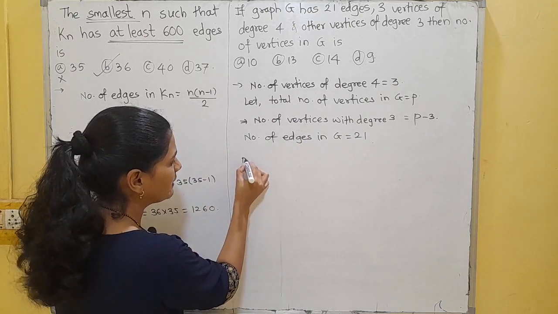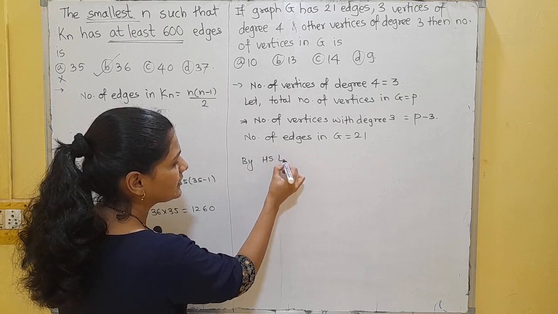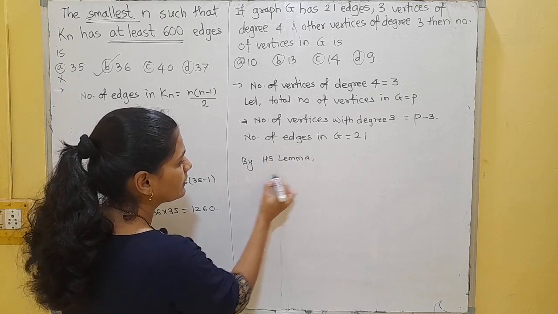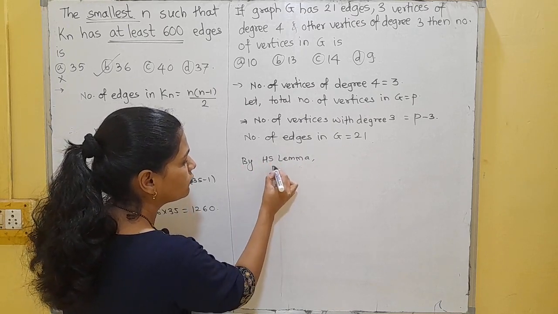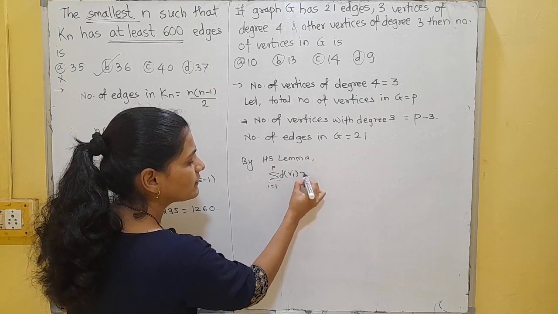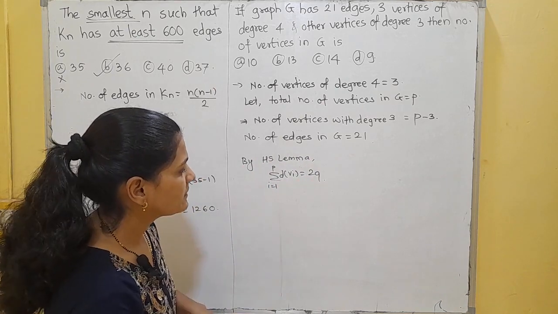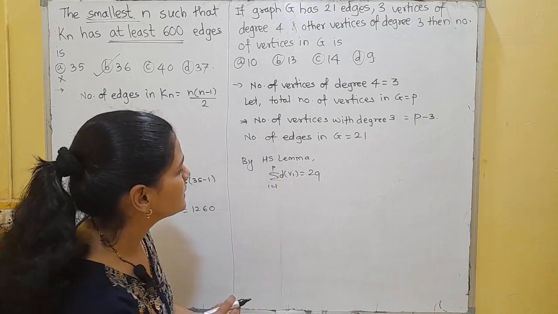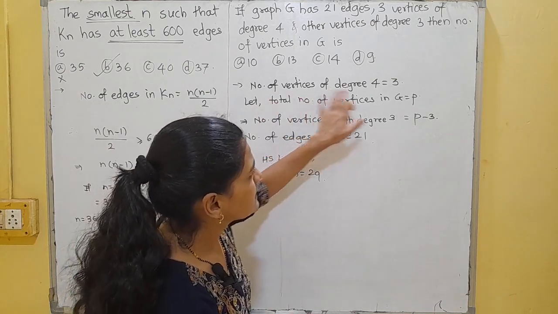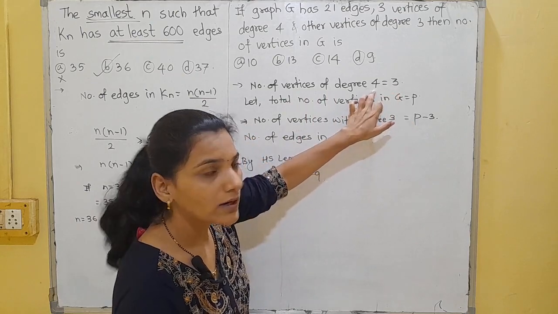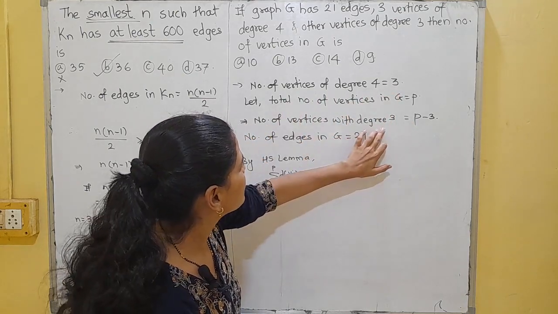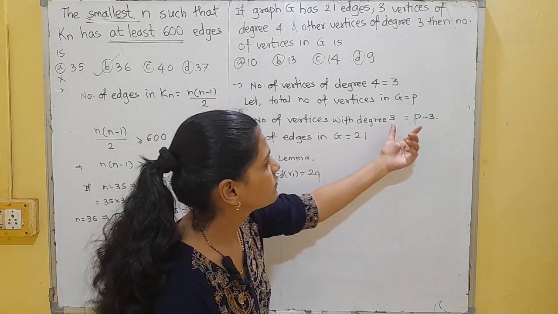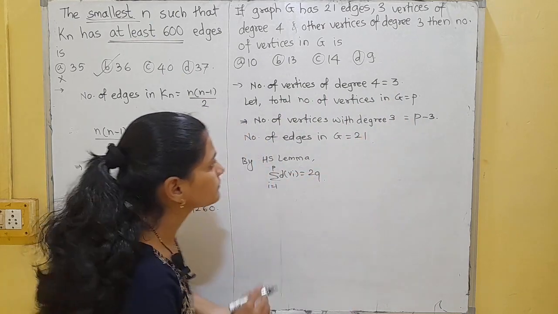We know the handshaking lemma. By the handshaking lemma, summation i running from 1 to P, degree of Vi is equal to 2 into Q. This is the sum of degrees of vertices in graph G. So for these vertices, the degree sum will be 3 into 4, and for these vertices, the degree sum will be 3 into P minus 3.